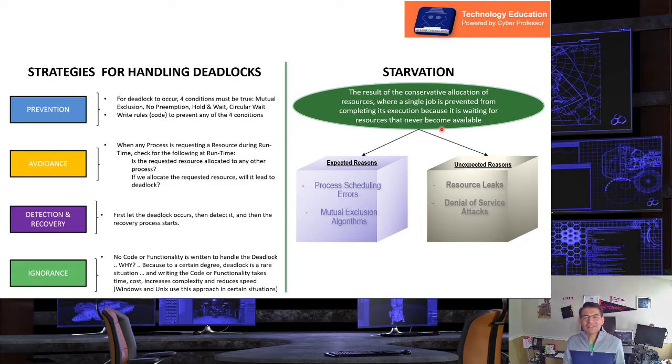It happens unexpectedly because they are subject to cyber attacks, and those denial of service attacks create the instance of starvation within a computer system because of the nature of the cybersecurity attack, which is targeting the denial of services on that particular computer system and making it starve for resources.